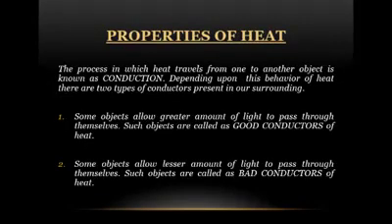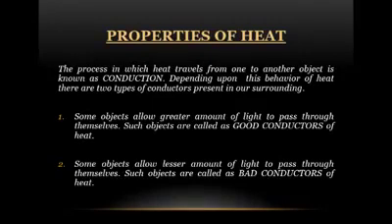Okay, now we have the properties of heat. So students, be careful. What are the properties of heat? Now we are showing you that the process in which heat travels from one object to another is known as conduction. Depending upon this behavior of heat, there are two types of conductors present in our surroundings.